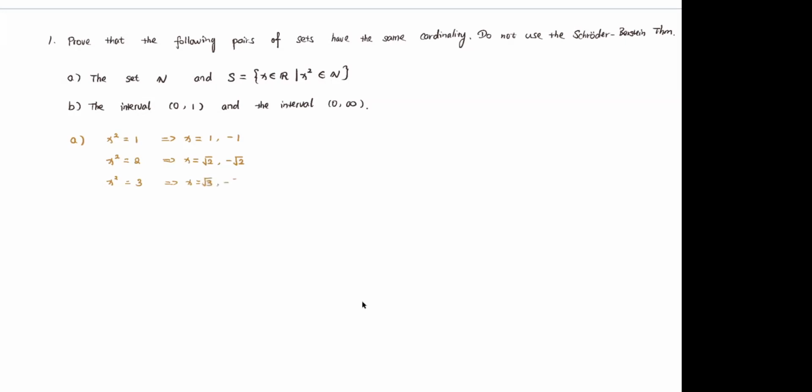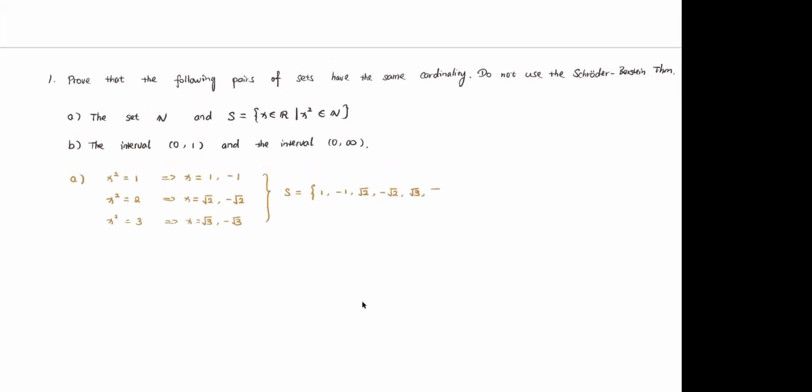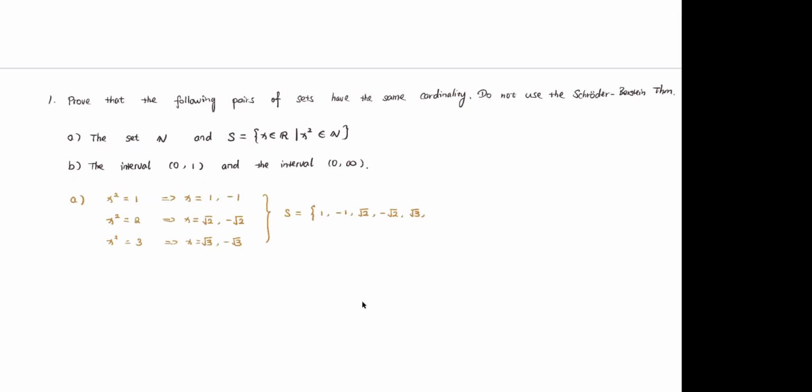Square root of 3 and negative square root of 3, and so on. So basically, your S is actually 1, negative 1, square root of 2, negative square root of 2, square root of 3, negative square root of 3, and so on.